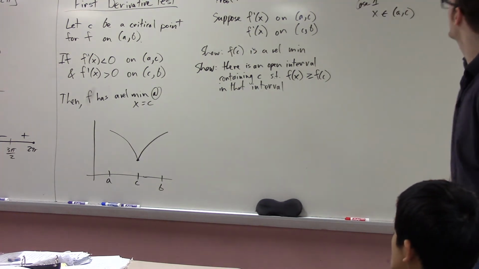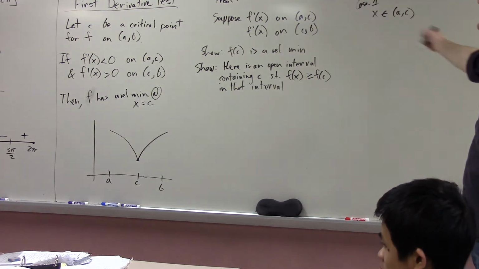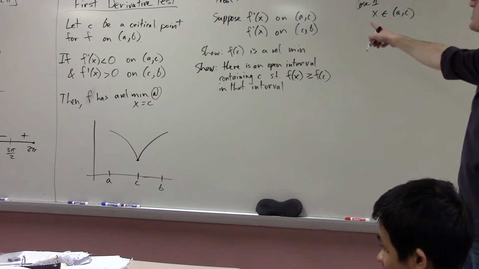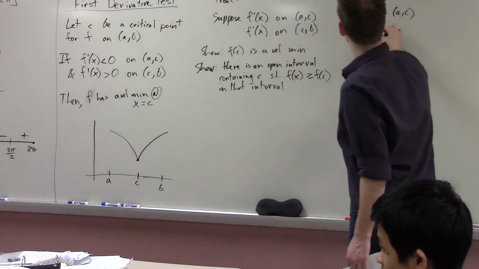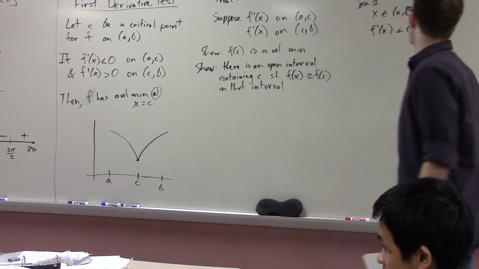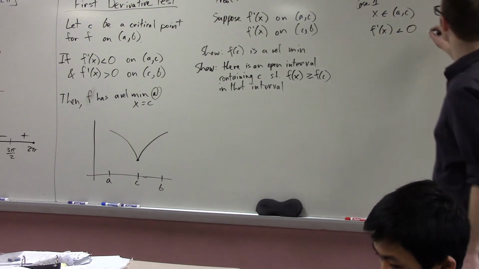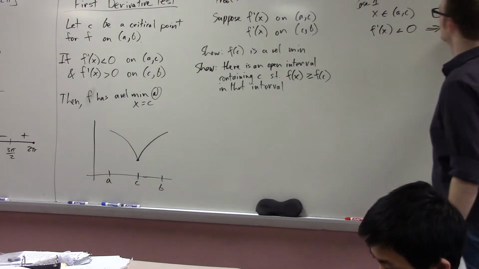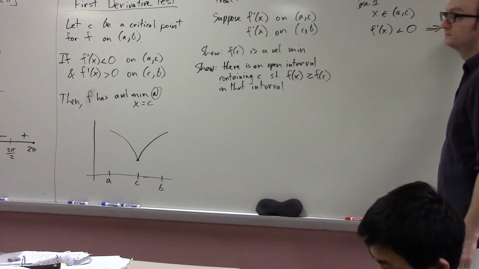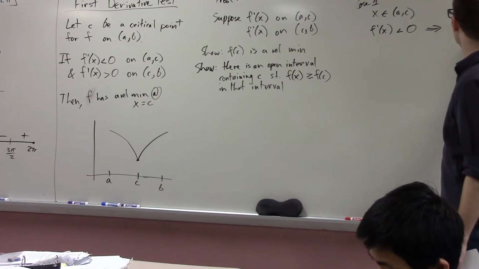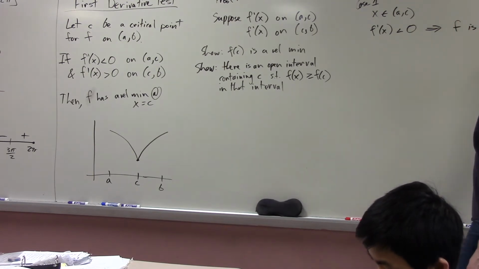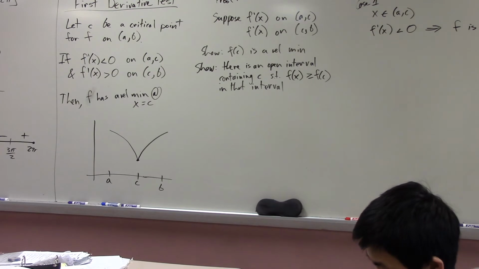If x is on the interval AC, then what do I know, according to my assumptions? The derivative at x is negative. But if the derivative is negative, that tells me, based on my new theorem, that f is decreasing on the interval.